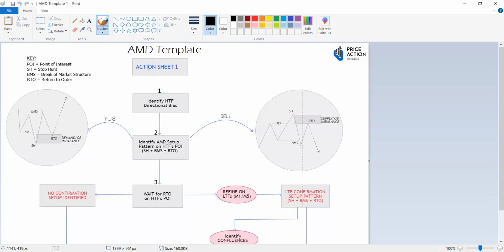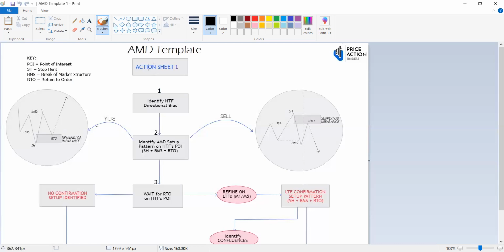So the likelihood of price coming up to that zone, or if you have an imbalance here before the zone, you may take out the imbalance and come down. But there's likelihood for price to try to come up, either to the 50% premium price or to the zone directly, which is the high probability zone of our Fibonacci level.